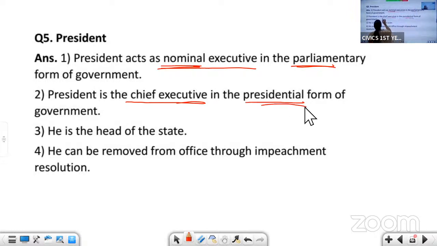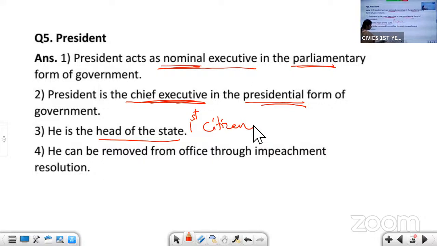Presidential government, president is the chief executive. In both the cases, he is the head of the state. He is the first citizen of the country. Okay, they are regarded as first citizen.